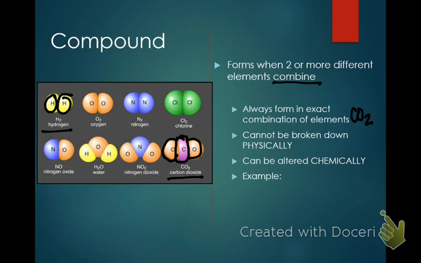It cannot be broken down physically, okay? So you can't just say, hey, I don't want this oxygen on here anymore, I'm going to get rid of it. You have to do a chemical change in order to change these compounds, okay? They can be altered chemically, just like we said. And another example besides carbon dioxide could be water. Okay, so H2O.